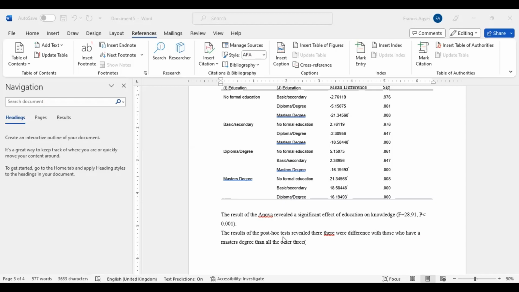So the results of the post hoc test revealed that there were significant differences with those who have a master's degree. So this is how I will write it.